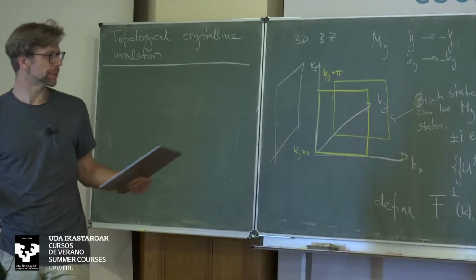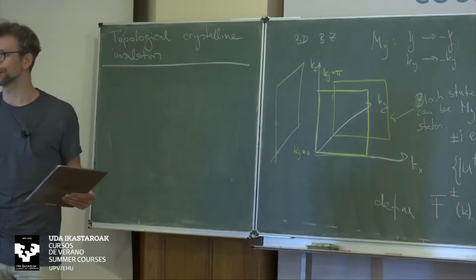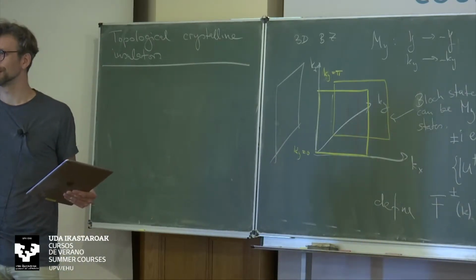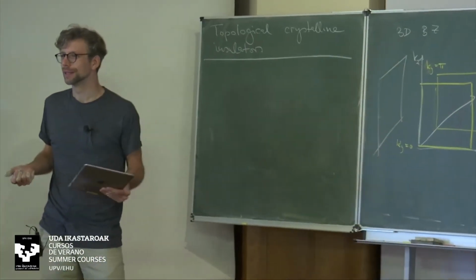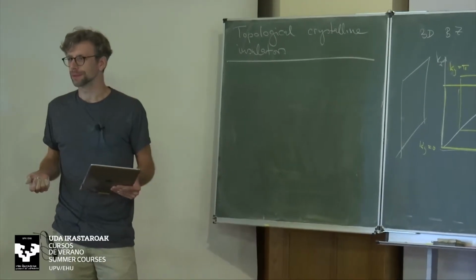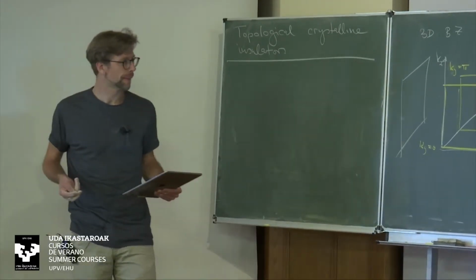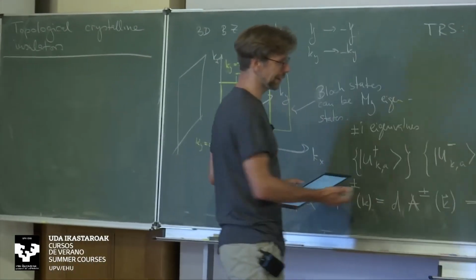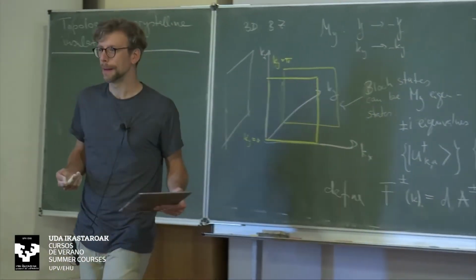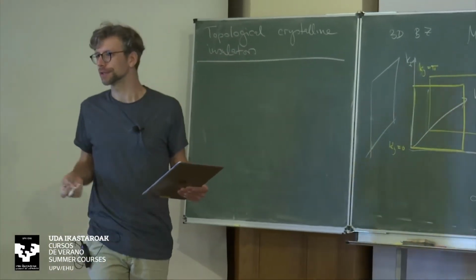No? How should it? I just need the M_y symmetric planes to define it. So how should it change if these states remain the same, right? I've shown that it's an invariant and it's defined for the system with this symmetry, so it's perfectly fine, I think.